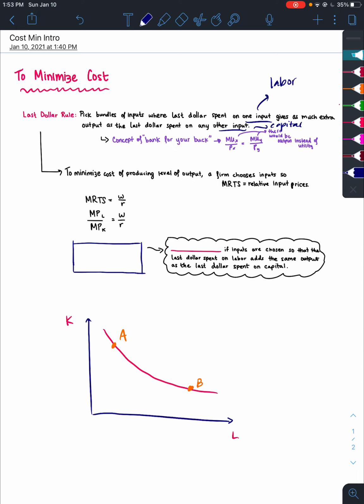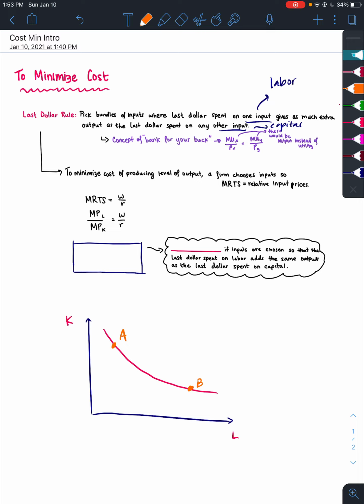You can also replace extra output with utility, actually, right? So is an extra pair of glasses giving me the same amount of utility as an extra pair of shoes? Is it giving me the same amount of utility, benefit, pleasure, something like that?